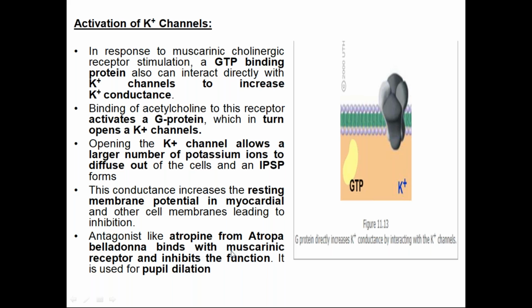It binds to the muscarinic receptor, and its role is pupil dilation. Your eye has a central portion called the pupil. To get more light, dilation of the pupil is done. But because the muscles hold your pupil very tightly, it will not open. But atropine will relax all your muscles and your pupil will open up. Understood?